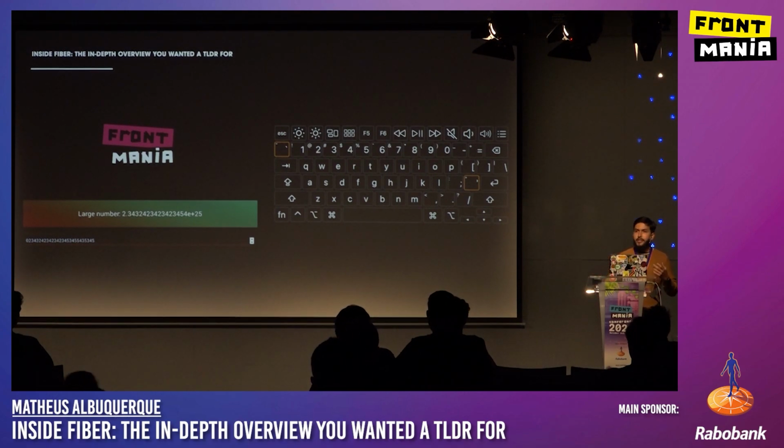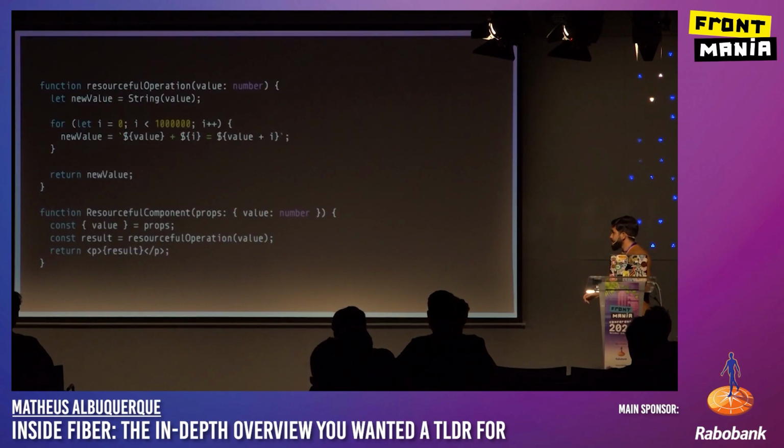And you might be wondering what's the source of that. So I mimicked this resource-intensive operation: I'm iterating up to 1 million just to simulate a CPU bound operation, and then in my component I'm using that.